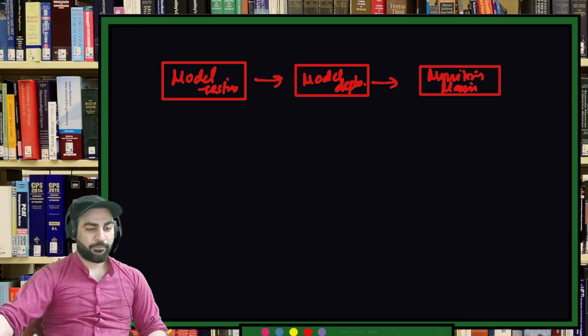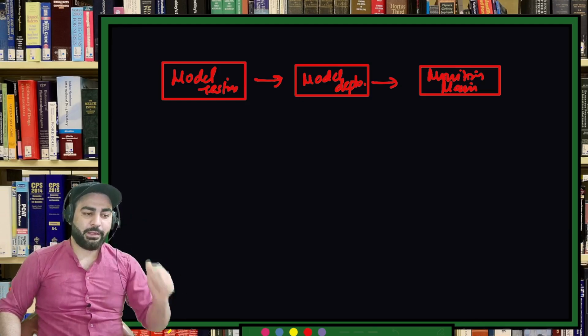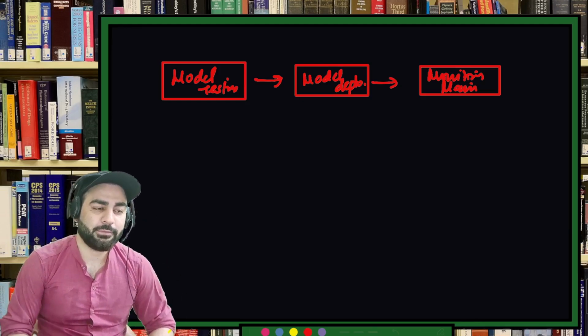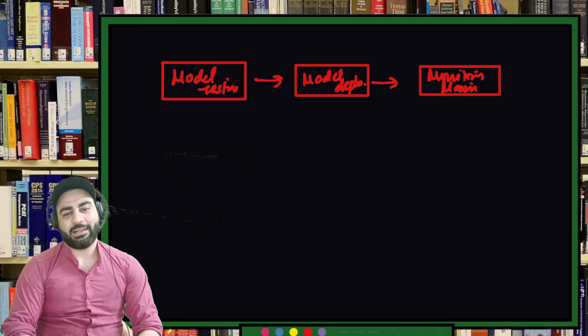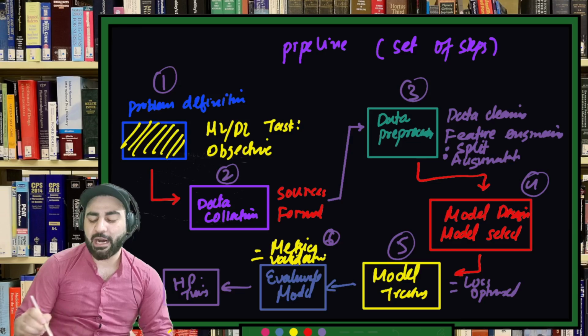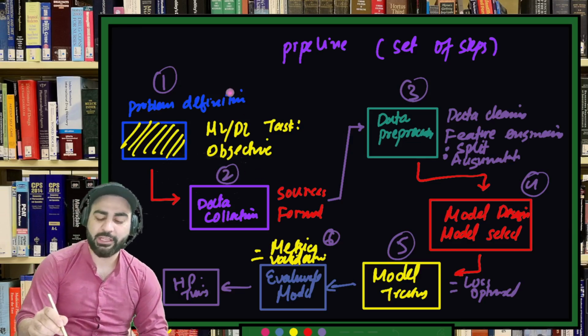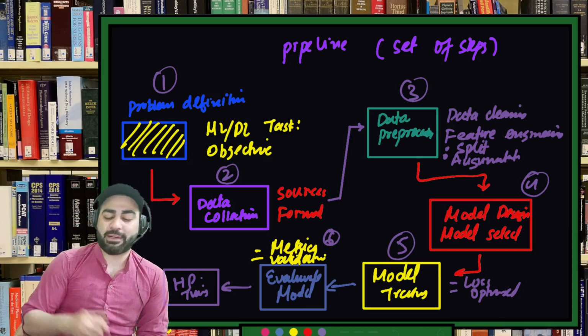Sir, in these steps, is there any timeline? How much time do we have to give to a particular step? Usually I won't say there is a timeline. It depends. Sometimes the data is really hard to gather. Defining a problem is an easy step, it might not be that difficult, but for some people it might be difficult.